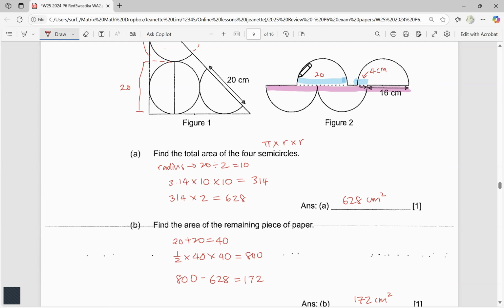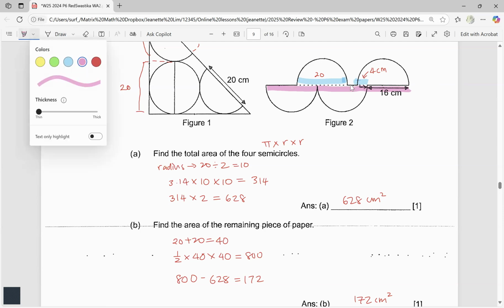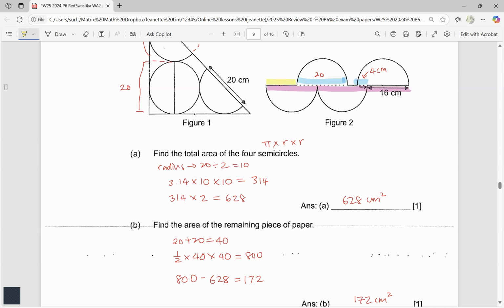Maybe I use yellow: this part here, this part here, and 16. The yellow ones are what we need. So in order to get the yellow ones, I'll take the pink ones minus the blue ones.